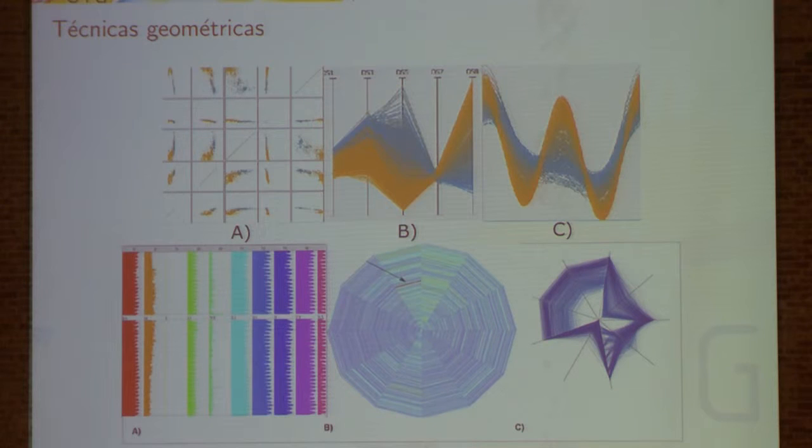In multiparametric data, among the geometrical techniques, we have matrices, which is the one that you have on image number A. Then we have parallel coordinates, where the different axes represent the different variables, and the data are lines that go from one variable to the value on another variable.